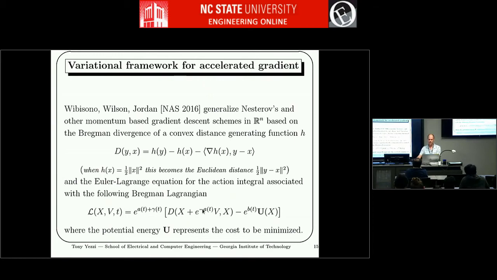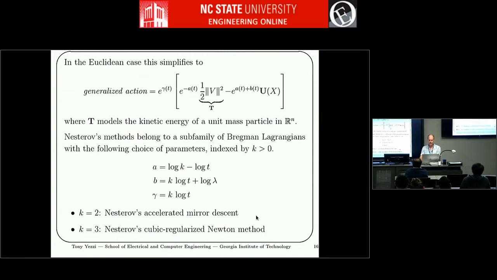Of the integral of this type of Lagrangian. So let me just explain this a little bit more, okay? Since I don't want to get into the Bregman divergence part of it because I'm not going to use that piece of it, let's just go to the simple Euclidean case.